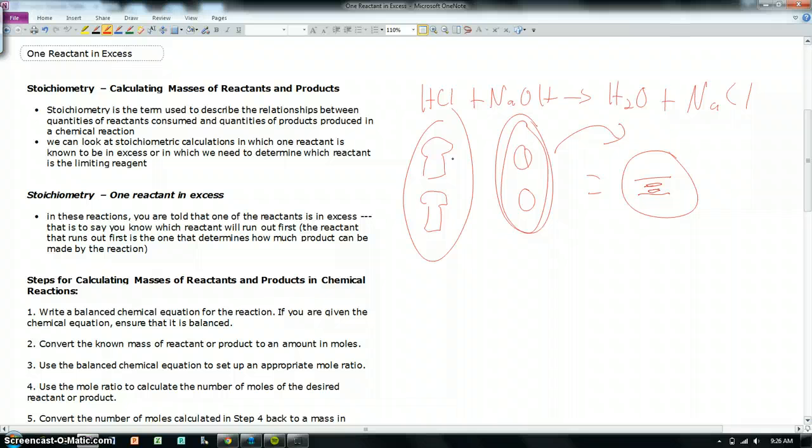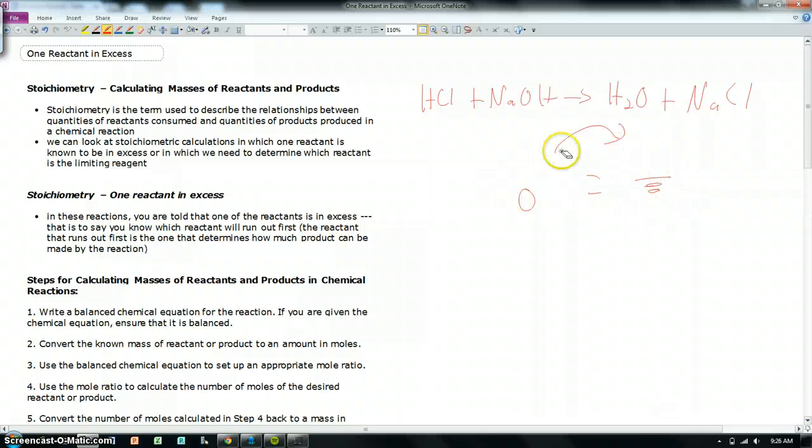If we only have, say, 2 molecules of NaOH, all right, we only have 2 of them, and we have 20 of hydrochloric acid, we can only make 2 of our products. And then we have 18 of these left over.